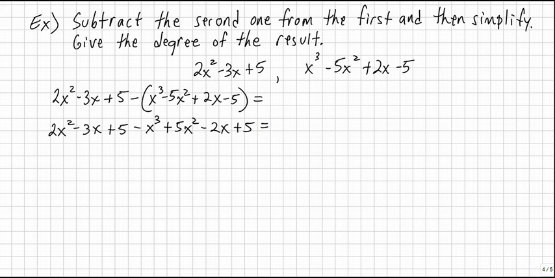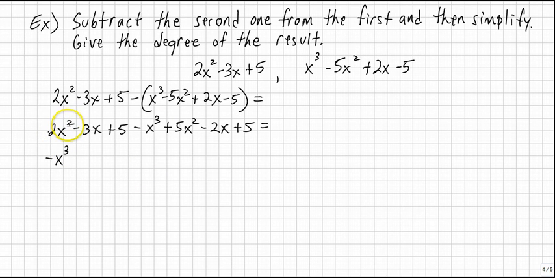And then now what we want to do is we want to put all the similar terms together. So one of the things that helps when you're first doing this is literally rearranging all the terms so the similar terms are next to each other. So if you go through and look, there's only one term that has an x cubed, an x with a degree 3. So I'm going to write that one first.